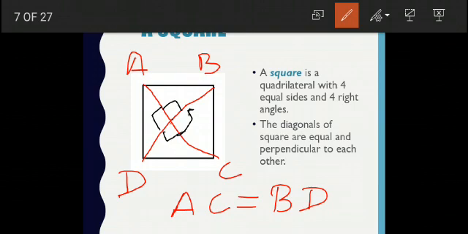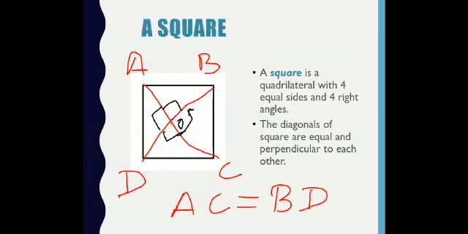Perpendicular means an angle of 90 degrees. Suppose the diagonals are meeting at a point O. So at O the diagonals form an angle of 90 degrees. So here we conclude that in a square all sides are equal. There are four angles and each angle is of 90 degrees. Then the diagonals are equal and they are perpendicular to each other.